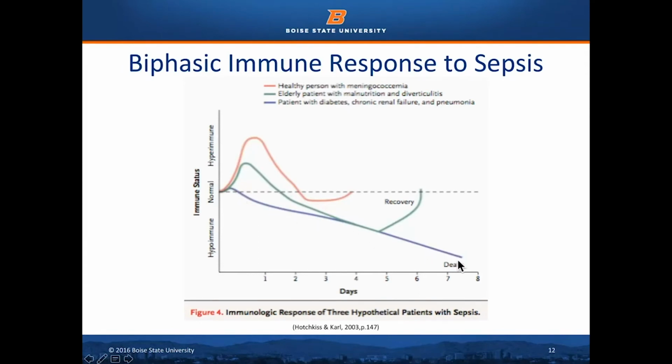We've all seen these three different trajectories evolving in our septic patients, and it's really hard to turn these around. If you get on top of this and get the right microbial therapy for this young person, they're going to get better. They'll get off the vent in a couple of days. These folks are going to be on the vent forever, so it's important to recognize the evolution of sepsis.